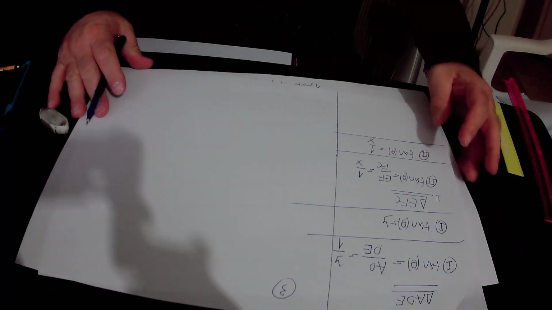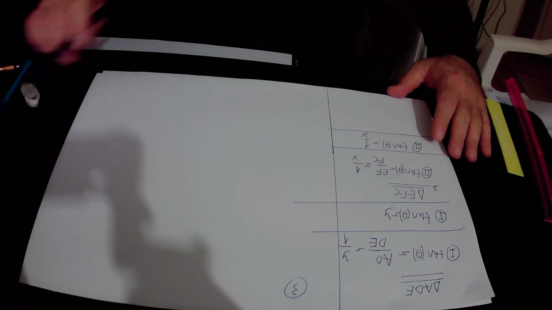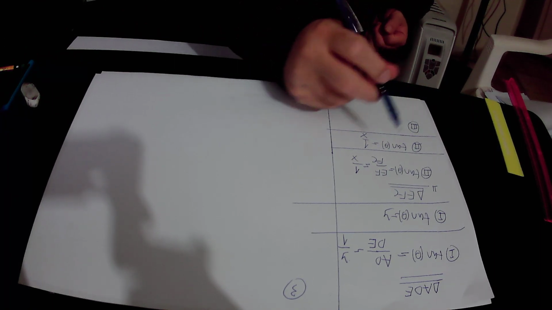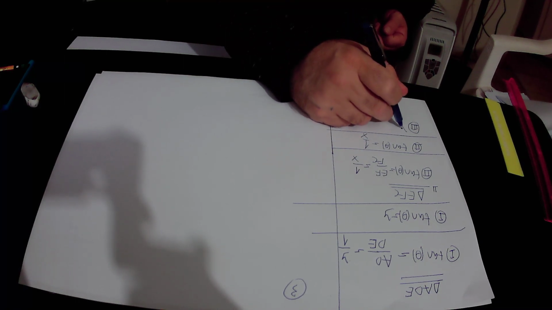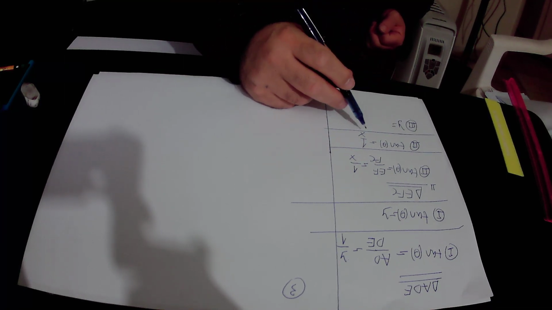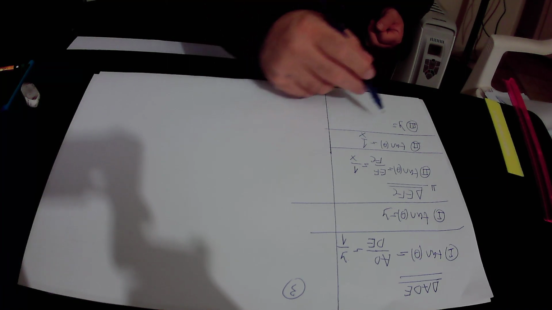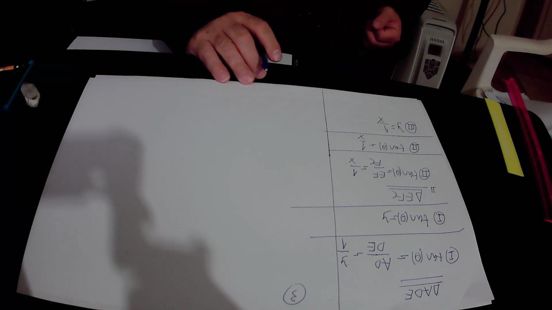So equation number 3 states that tangent theta according to equation number 1, that is equal to y, must be equal to tangent theta according to equation number 2, which equals 1 over x. So we found out that according to equation number 3, y equals 1 over x.